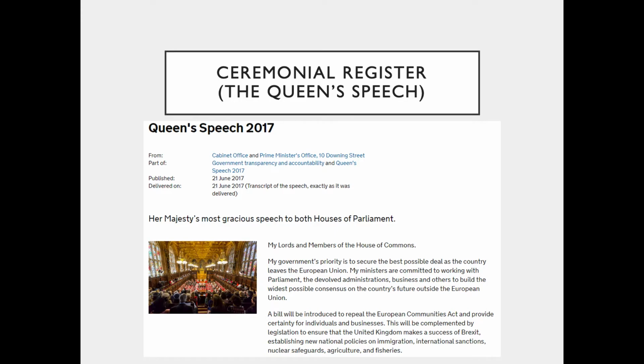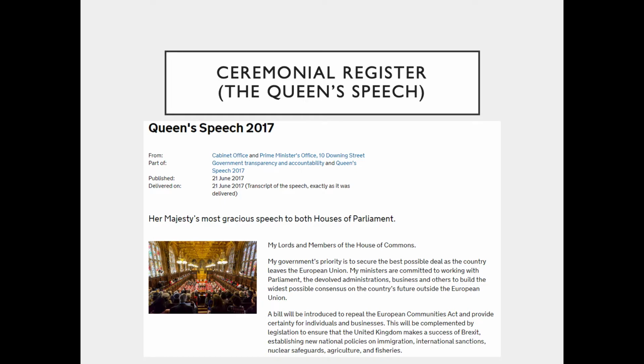We might also have a ceremonial register, and this, as you can see, is for the Queen's speech. But the type of ceremonial register that we might be more familiar with would perhaps be for things like weddings, funerals, also things like citizenship ceremonies, and as you'll all hopefully go through, the degree ceremony that will happen once you've done your final year exams and hopefully passed them all.